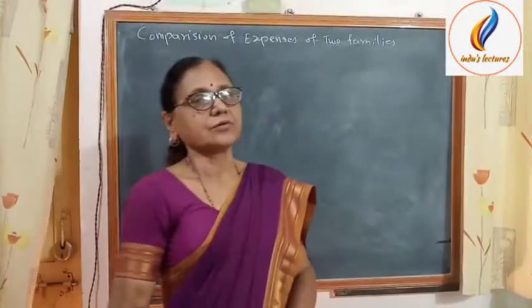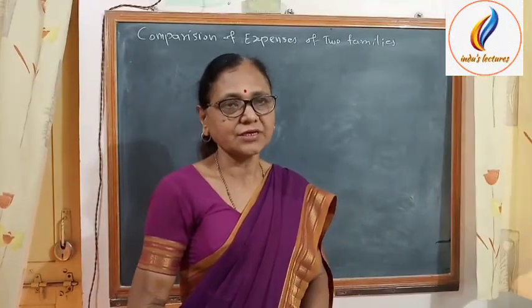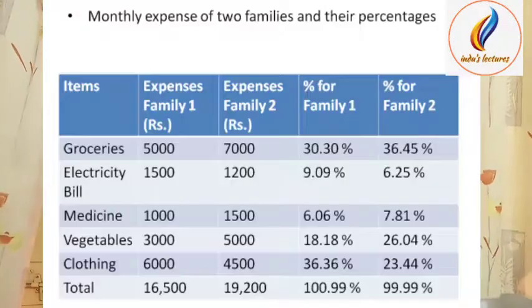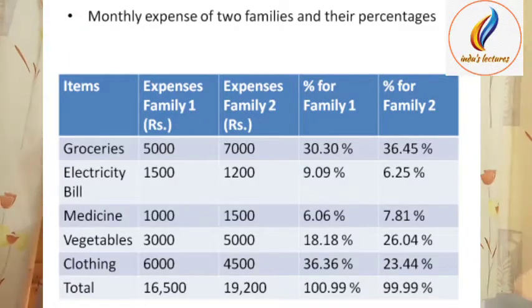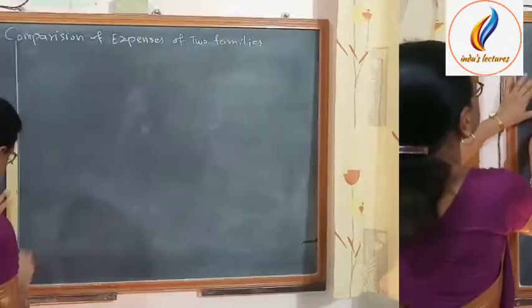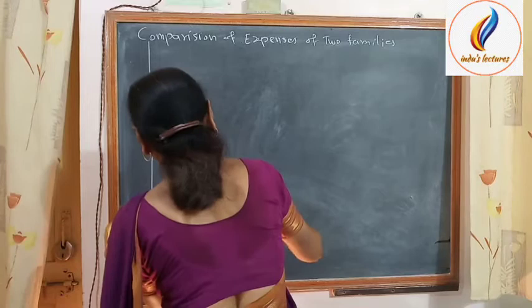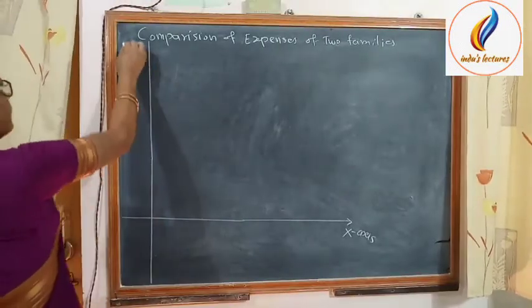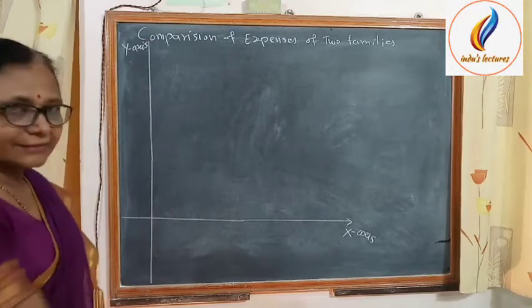We have to compare the expenses of these two families. So we will use a multiple bar graph here, but the data is converted into percentages. So draw the coordinate axes. The vertical axis is the y-axis and the horizontal axis is the x-axis.